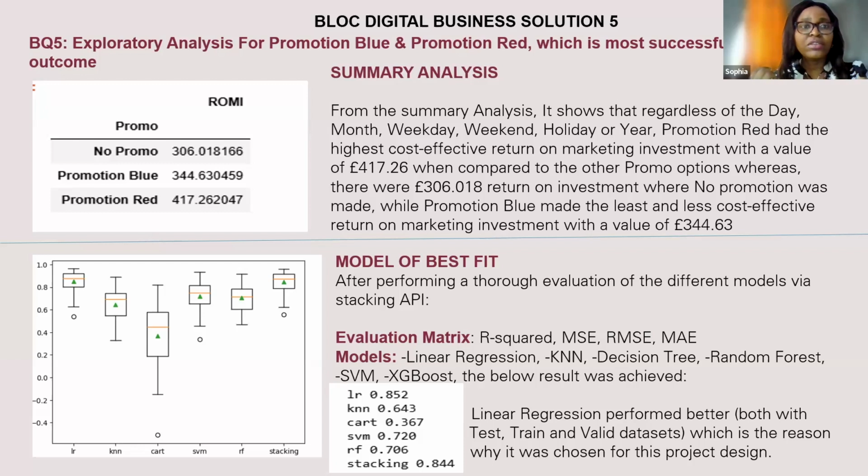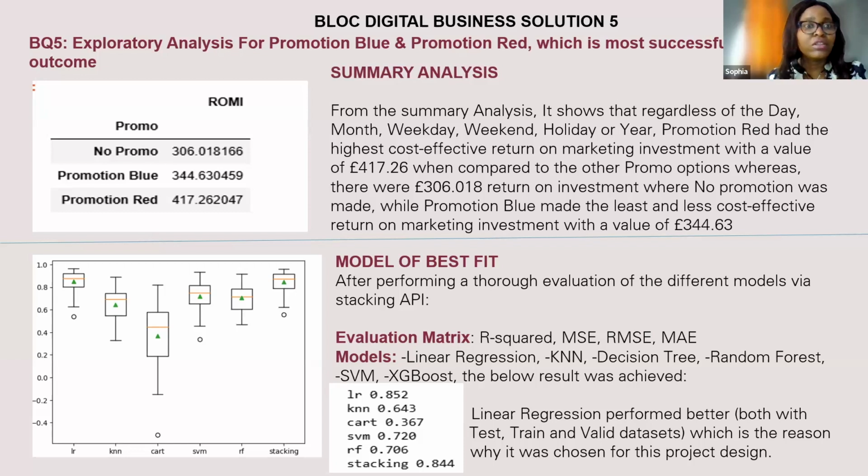So if you look at this, assuming you're taking this to a board of managers, their mind will be like, oh, okay, we get more ROMI, because ROMI is more like a return on marketing investment. So what do we get at the end of this promotion?